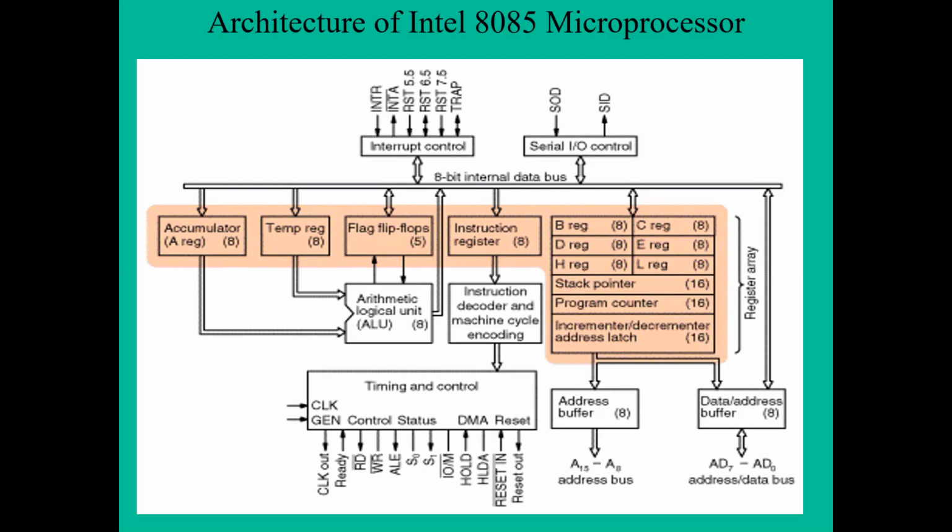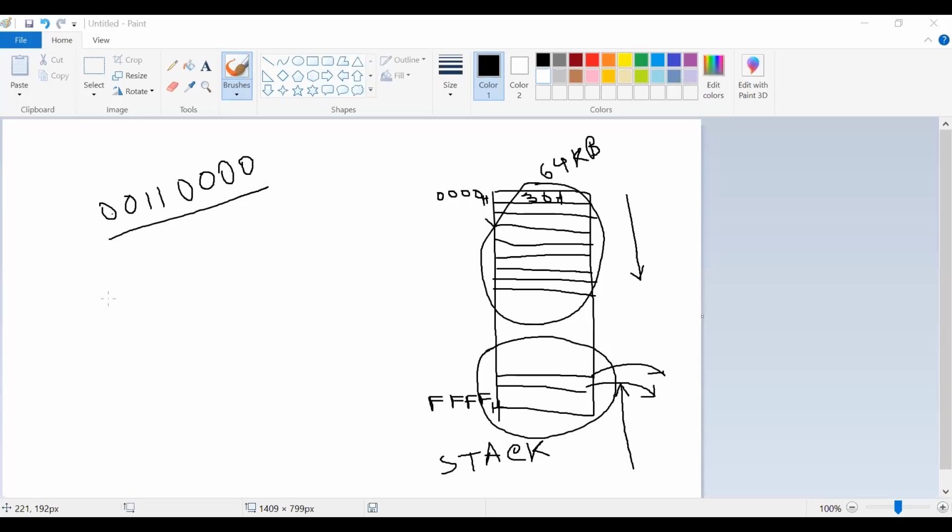So MVI A, 02 is one instruction. The second instruction is given as MVI B, 03. So these are instructions.